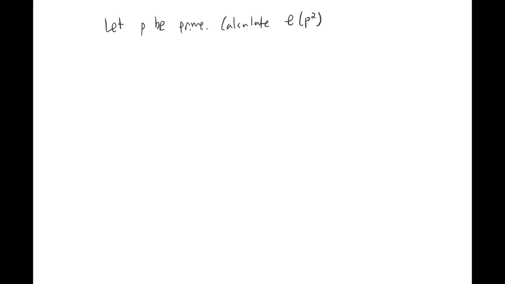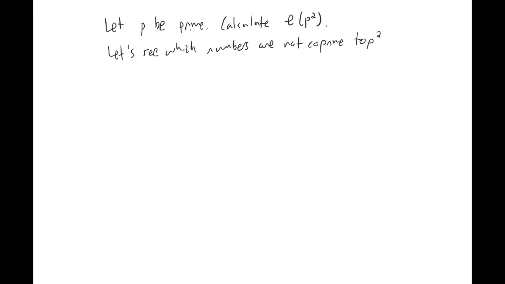So let me put it this way: which numbers are not coprime to p squared?